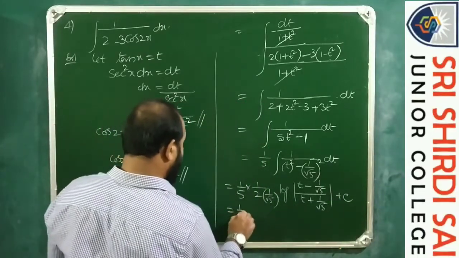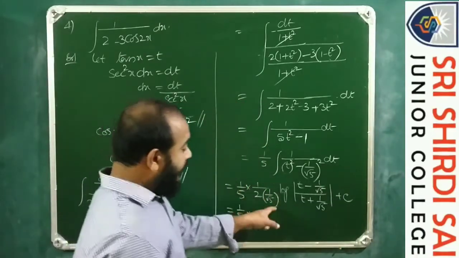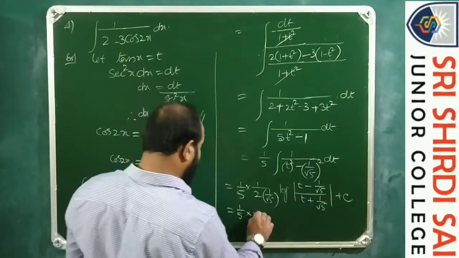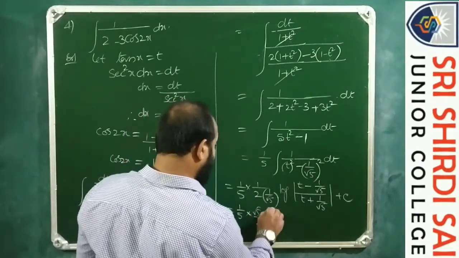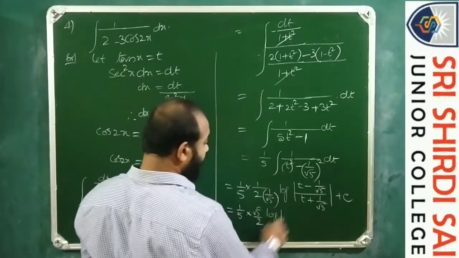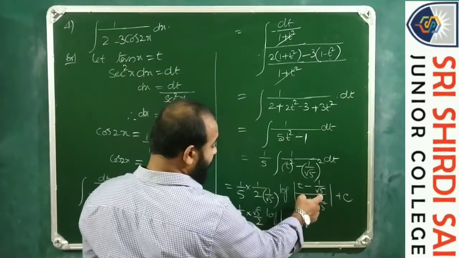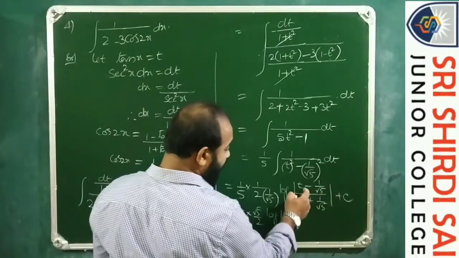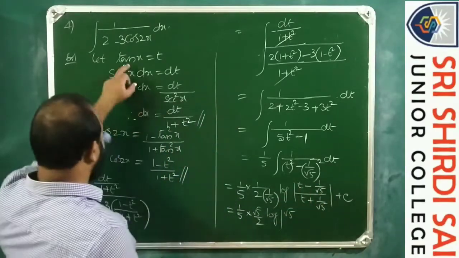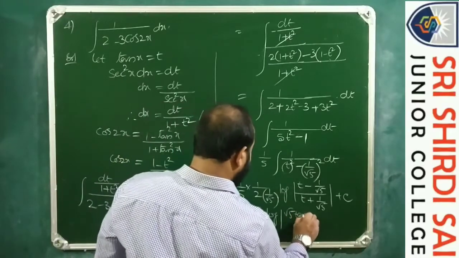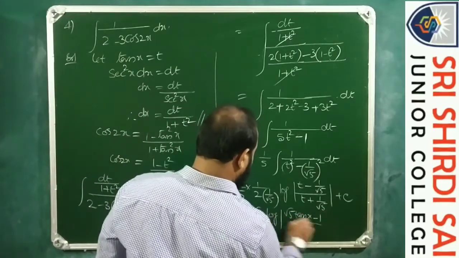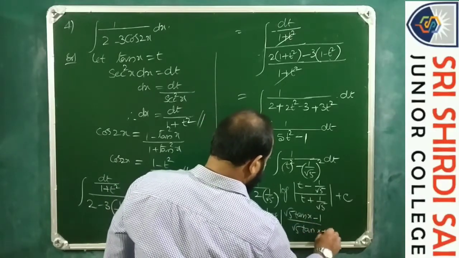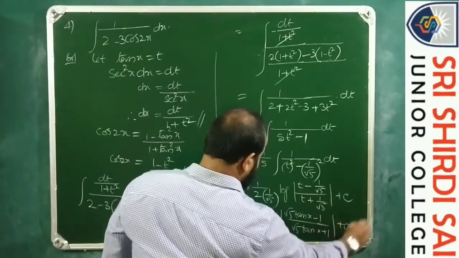So this is 1 by 5, and this is 1 by 2 root 5, that is 1 by 2 by root 5. So it will be reversed, right? Root 5 by 2 log. LCM here is root 5, so root 5t minus 1 by root 5t plus 1. The t value here is tan x. So root 5 tan x minus 1 by root 5 tan x plus 1, plus constant of integration c.